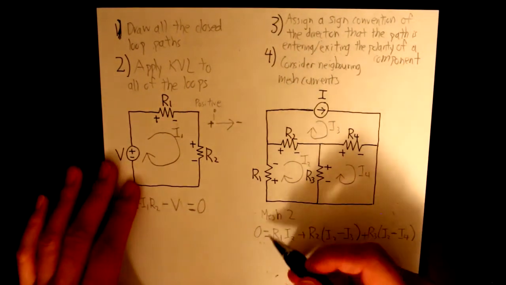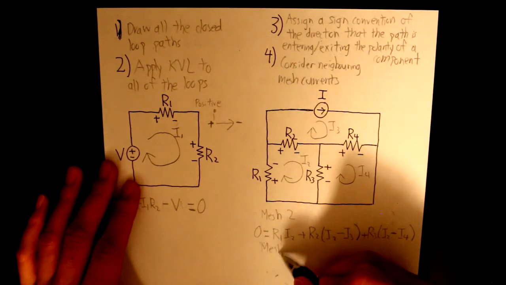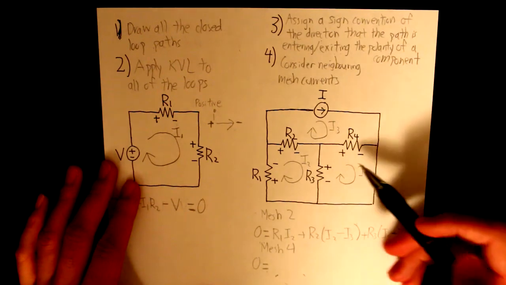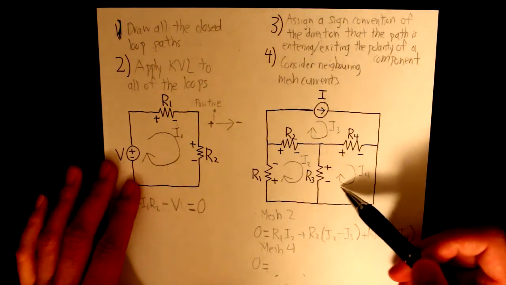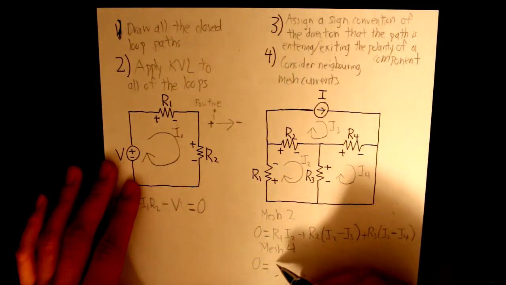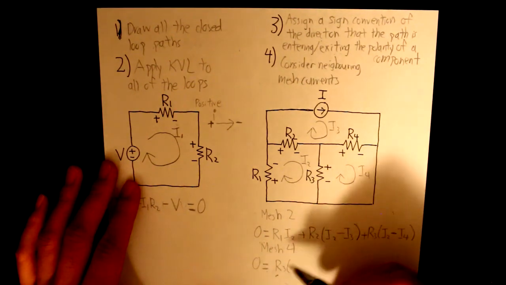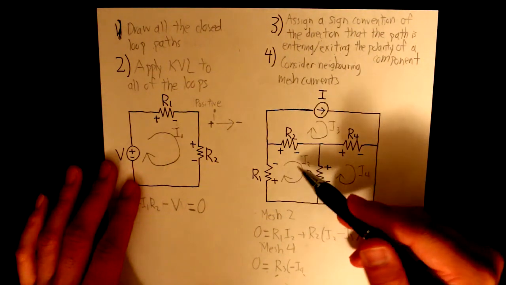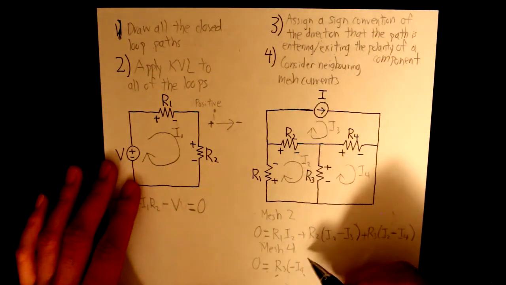And now for mesh 4, I4 is passing through from minus to plus, so for R3 it's going to be negative I4. Then we have to consider the neighboring current, which is I2, so it's plus I2.